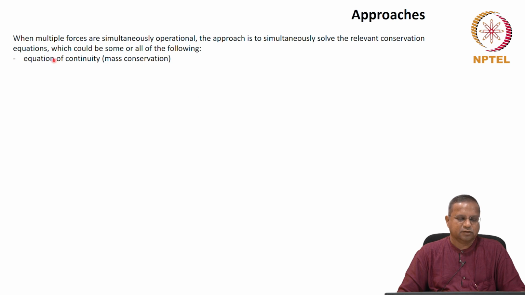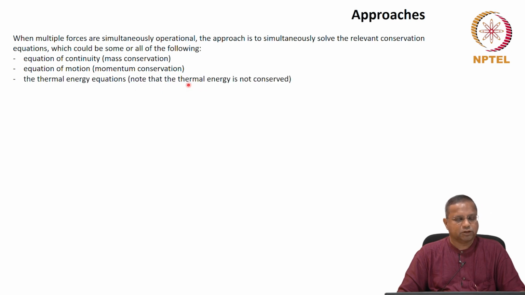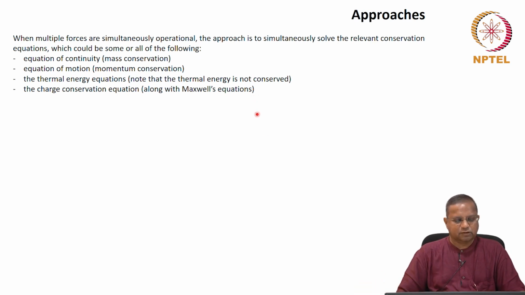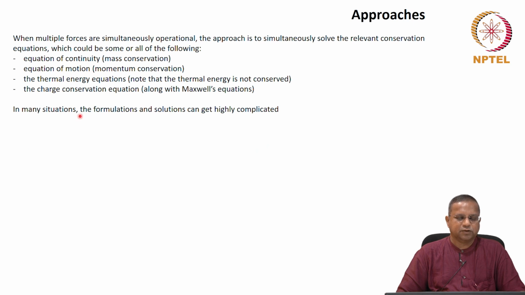Just to list: equation of continuity for mass conservation, equation of motion for momentum conservation, the thermal energy equation. Note that thermal energy is not conserved, but we got this from energy conservation, and the charge conservation equation along with the Maxwell's equations, of course, because the development has happened in terms of the Maxwell's equations. In many situations, the formulations and solutions could get highly complicated.